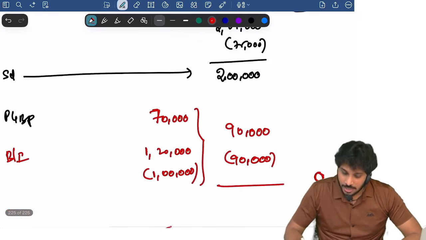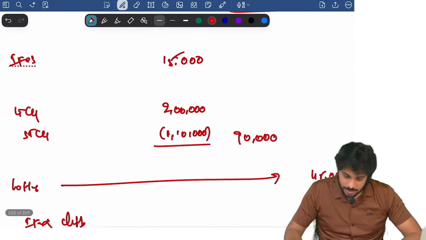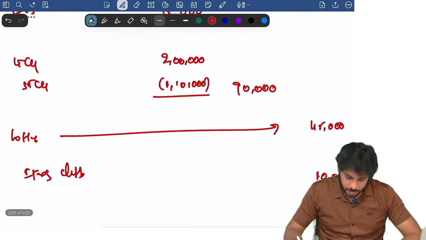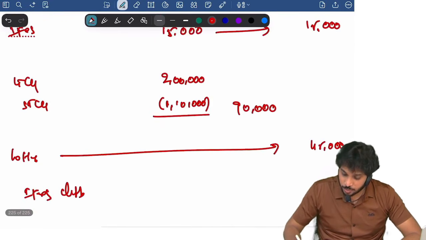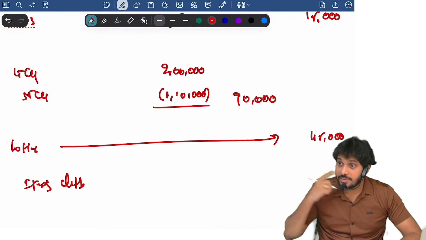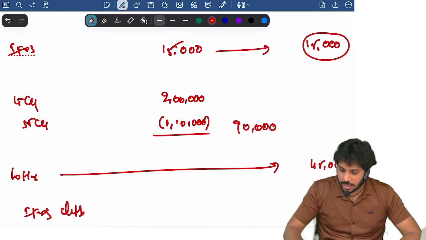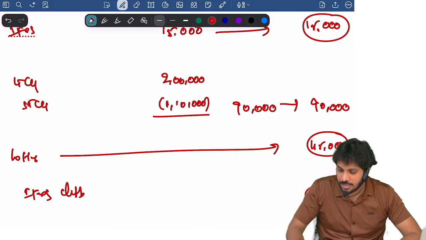Correct? Salaries income 2 lakh. IFOS, this is again 15,000. Technically IFOS put together will be 25,000. 25 plus 45, 70 will be IFOS income. These three are IFOS incomes. Correct? So capital gain 90,000 as it is will come in the outer column.